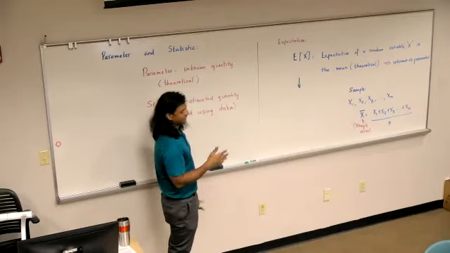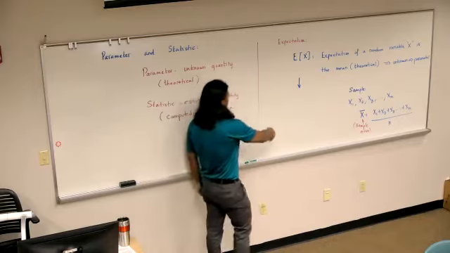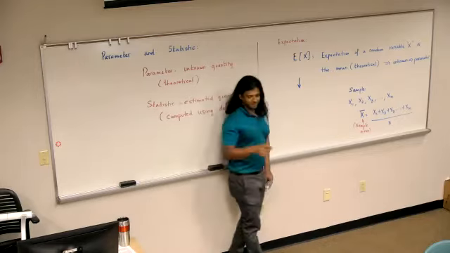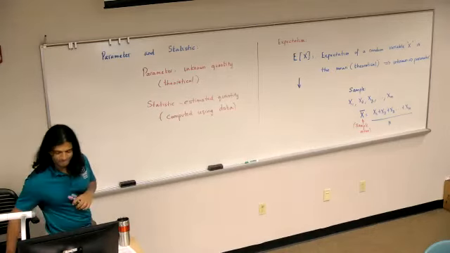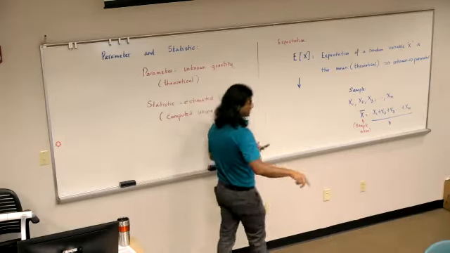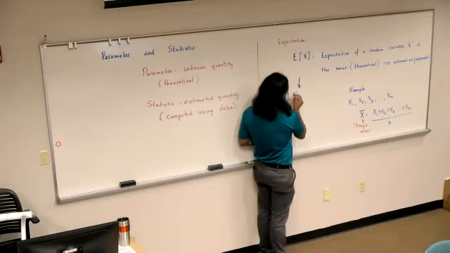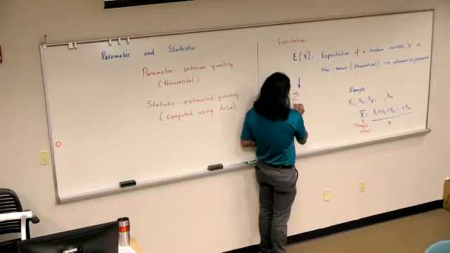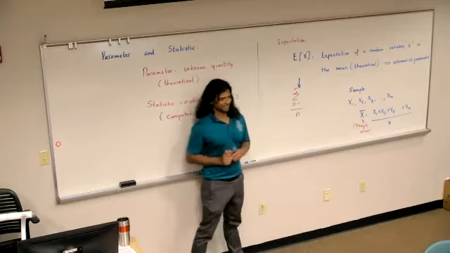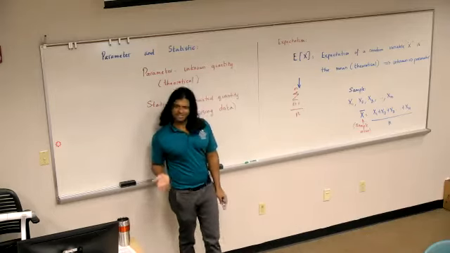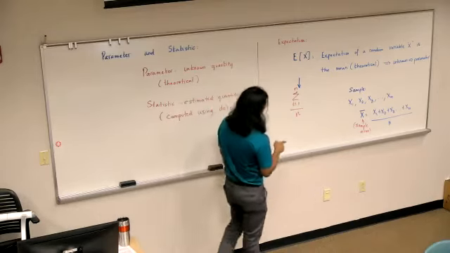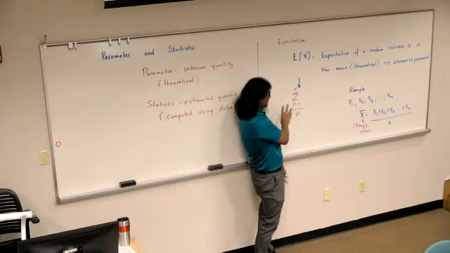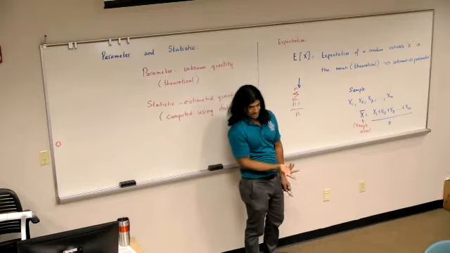So what is this informal thing that I wanted to mention? Something over something. So anytime you see expectation, an informal way to look at it is simply that you're summing the values and dividing by the sample size.